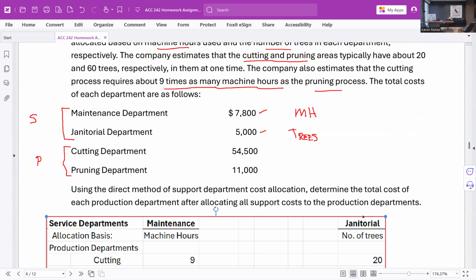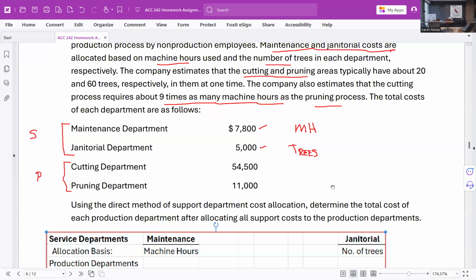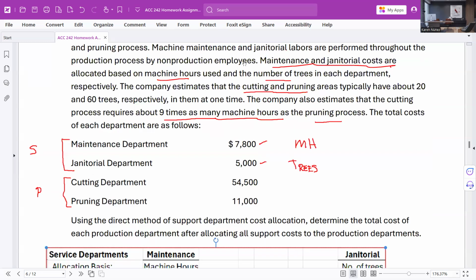And then we're going to allocate the maintenance based on machine hours. All they tell us about the machine hours is that the company estimates that cutting requires 9 times as many machine hours as the pruning process. That's a 9-to-1 ratio.